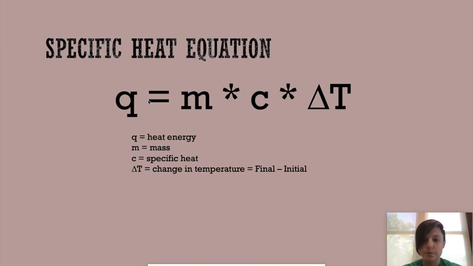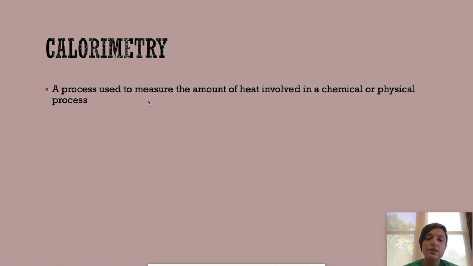Okay. So the process used to measure the amount of heat involved in a chemical or physical process is called calorimetry. So anytime that you hear calorimetry, you know that the amount of heat is going to change and that you're going to need to measure it. So you'll be having a calorimetry lab.